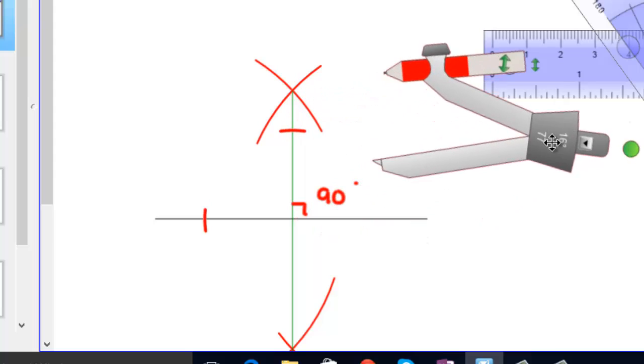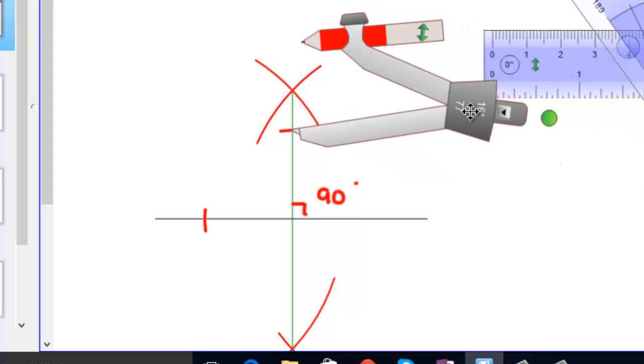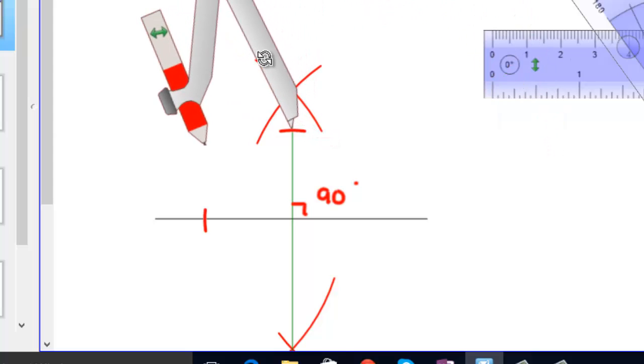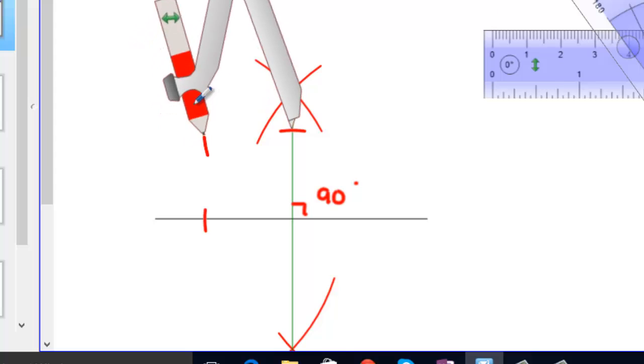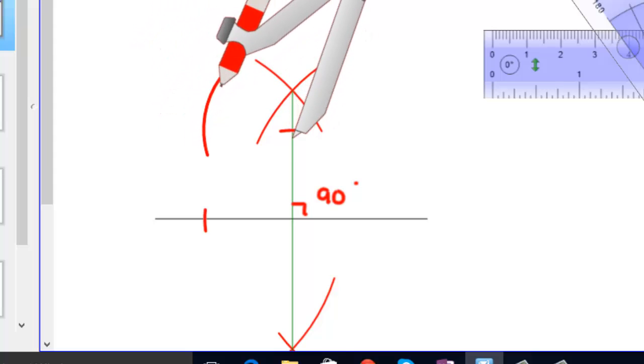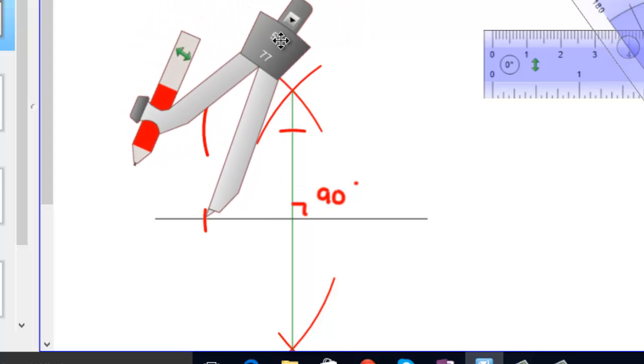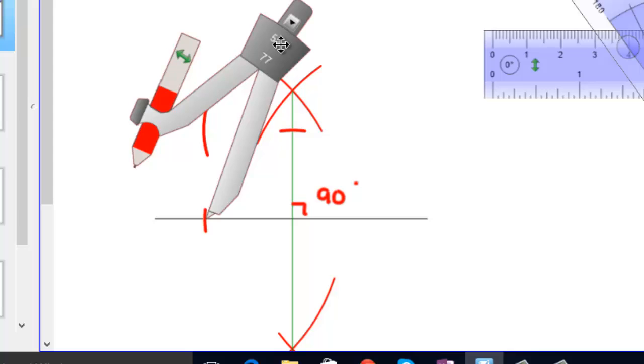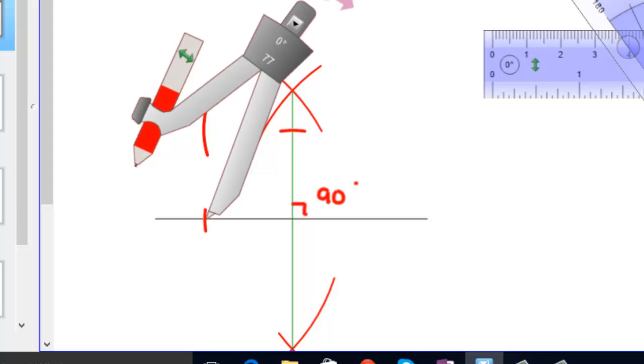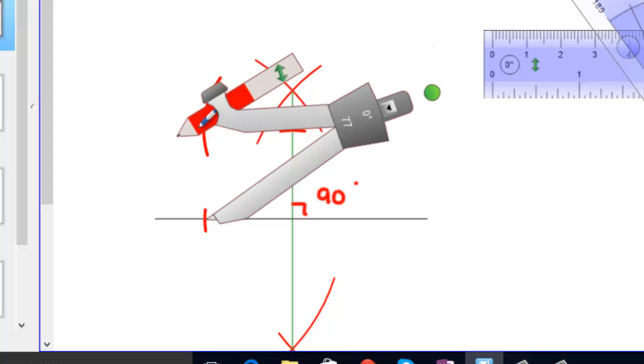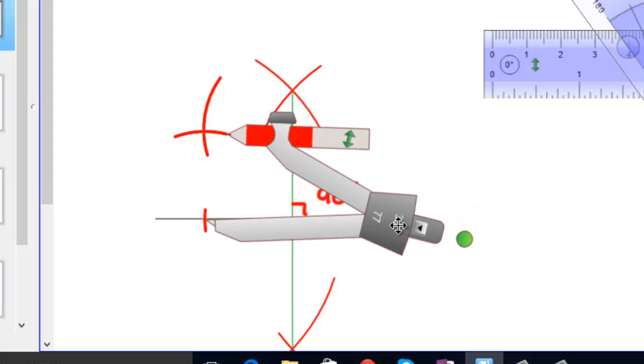Now I have two points. I can bring the metal point to the intersection here, and I can start to draw another curve, and I place the metal point here with the same opening. I cannot change the opening, and I only draw the second arc.